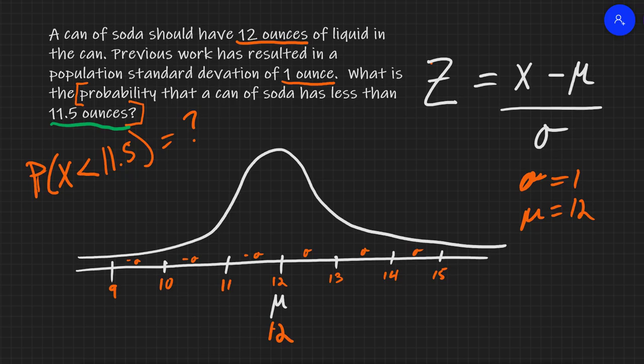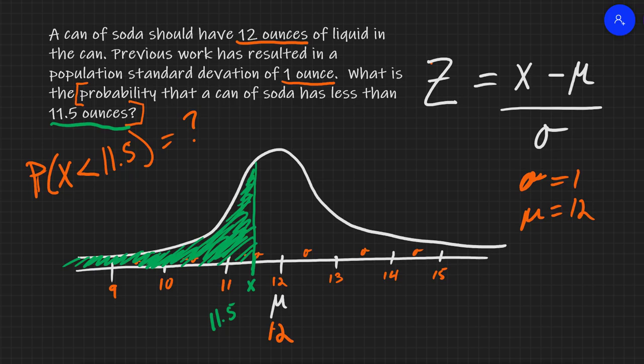My X is at 11.5 ounces, so I'm going to be right in here somewhere, and I'm asking the question less than X, right? Everything on the left-hand side. What is X? It's 11.5. So what is the probability that we are going to draw something at random from the left?